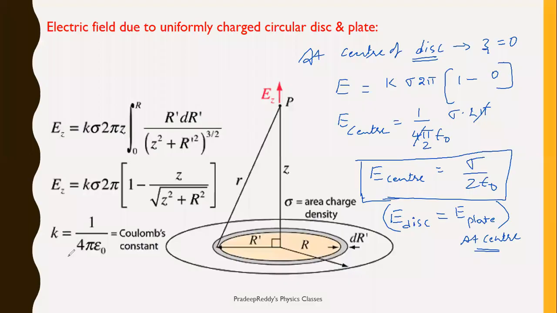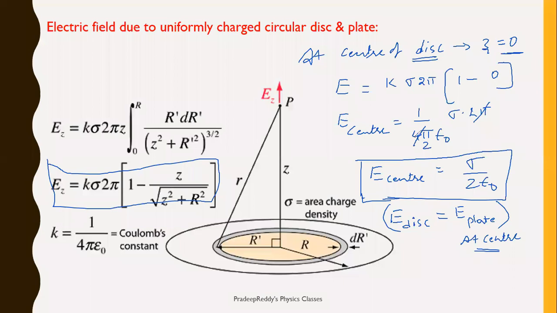So students, one small conclusion from this expression which we have learned: from this expression I am writing a conclusion. At the center of the disk, what is it? At the center, z is equal to 0. If you substitute z equal to 0 in this particular equation, the second term becomes 0. And as the second term becomes 0, what do you get?